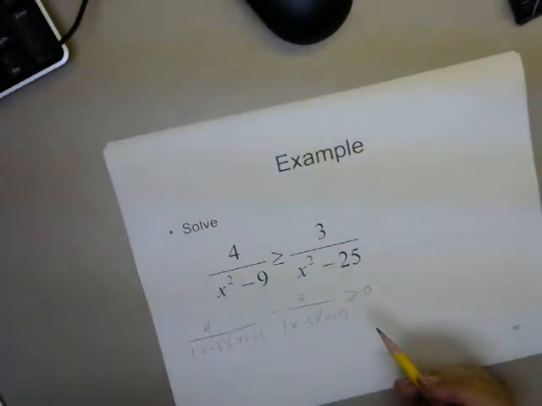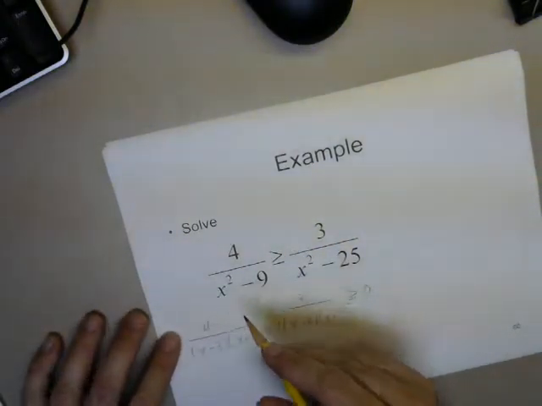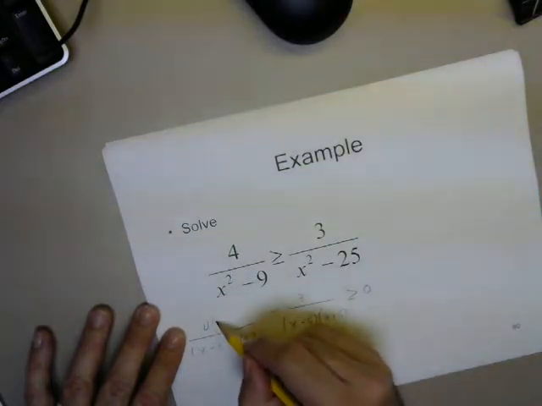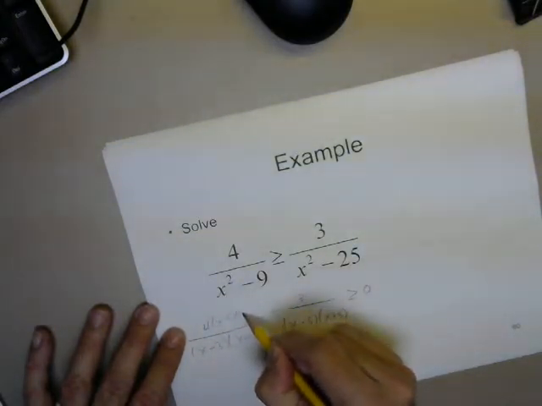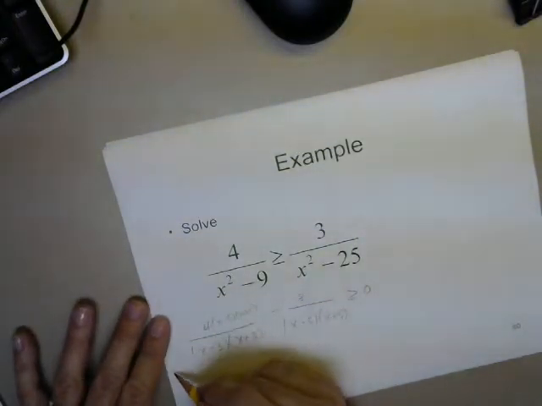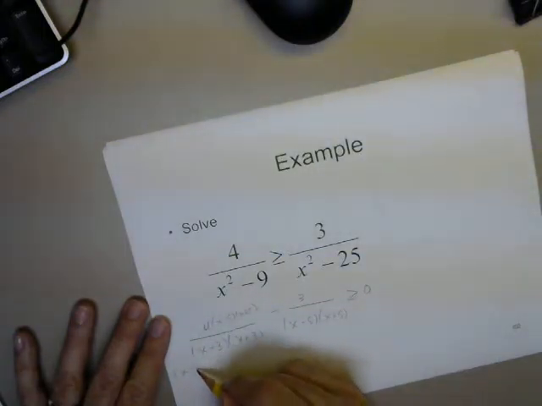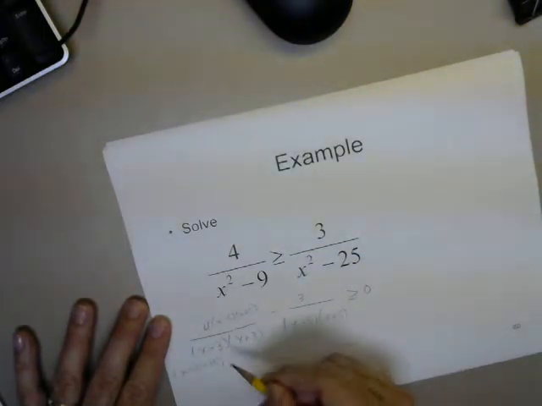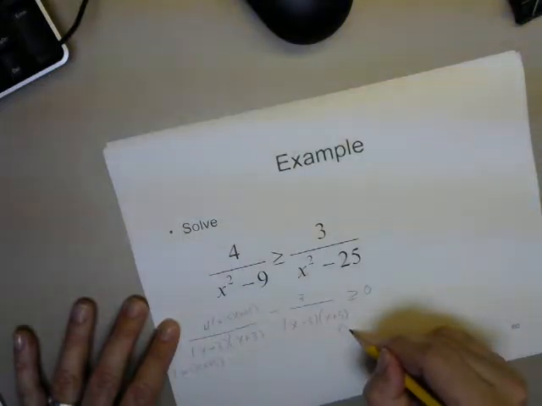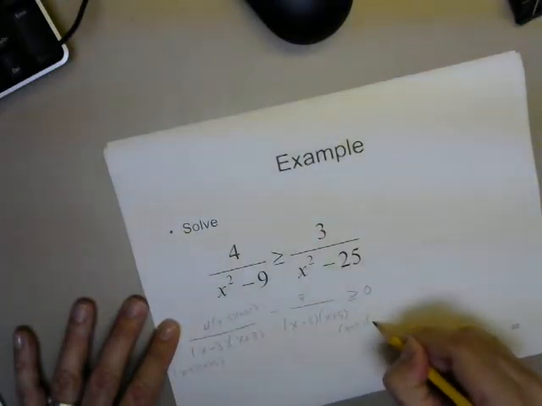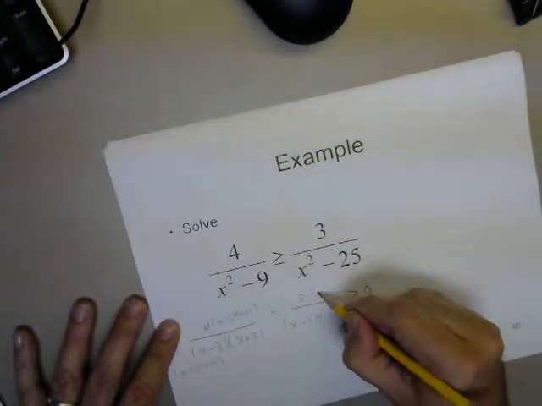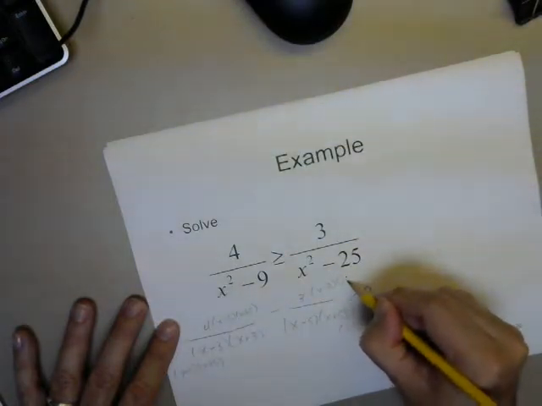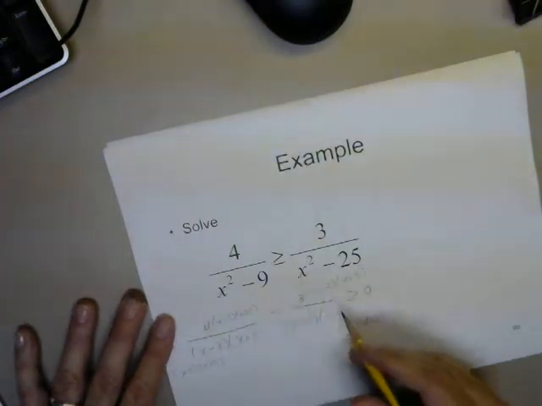And then just add the fractions together. So here I'll have to multiply on the top and the bottom by x minus 5, x plus 5. Here I'd have to multiply on the top and bottom by x minus 5, x plus 5. And then same thing over here, right here I'd have to multiply by x minus 3, x plus 3. Here multiply by x minus 3, x plus 3, and then just add the numerators together.